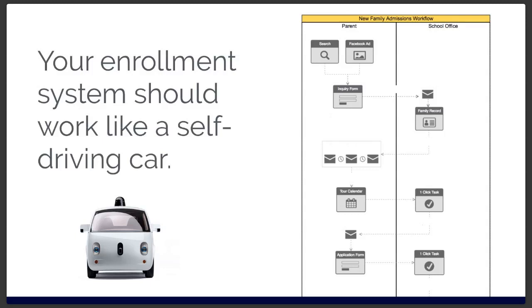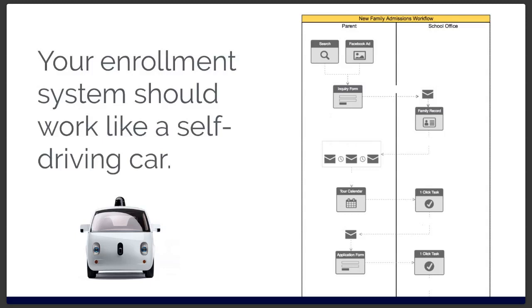You want to build these things because, man, the admissions process could be so busy, and also if it's not well set up, it's really easy for great prospective parents to fall through the cracks, and then they end up at another school when they would have been a perfect match for your school, but for some reason, the other school that they were checking out responded to them faster, and maybe they didn't even get to your school for a tour.